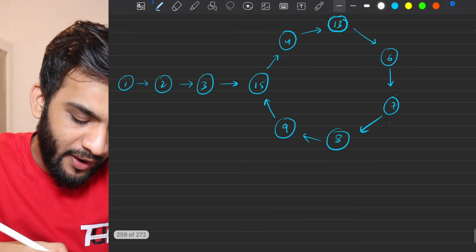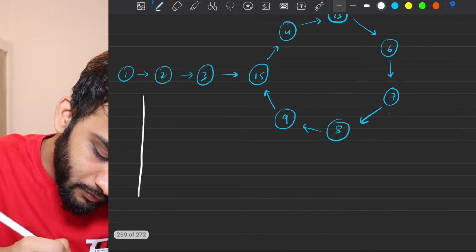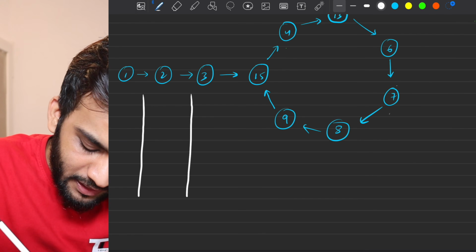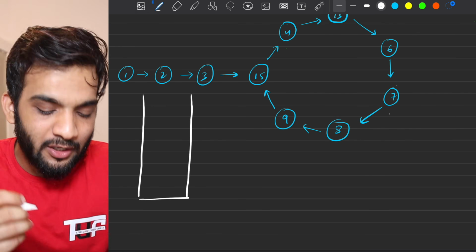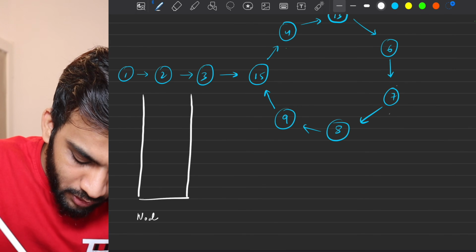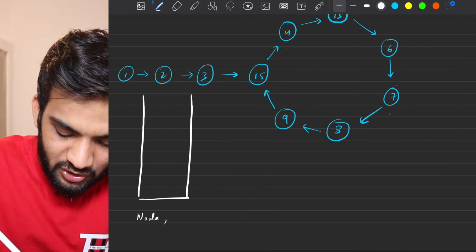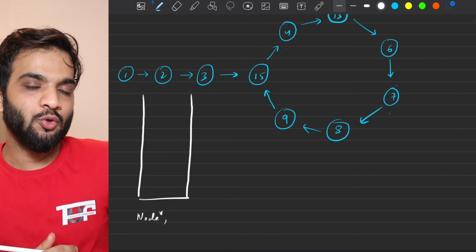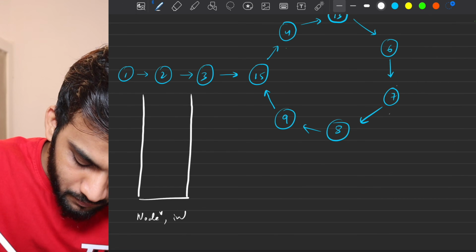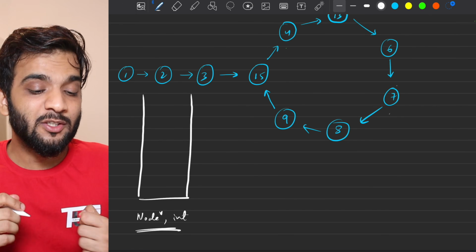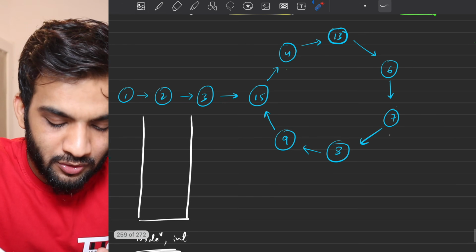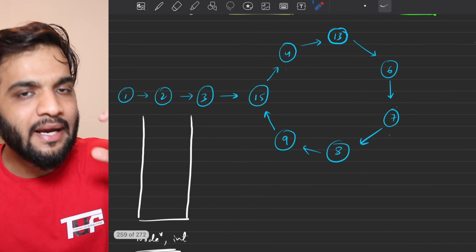So maybe I can define a map data structure. What will be my key in the map? I'm not storing values, I'm storing the entire node. So the entire node in Java, in C++ node star, and an integer. This is what I'll be storing. Why not the values? Why not 15? Why the entire node?